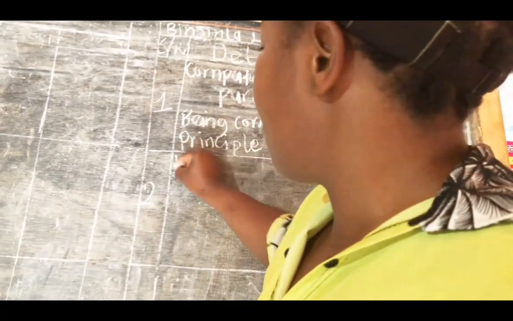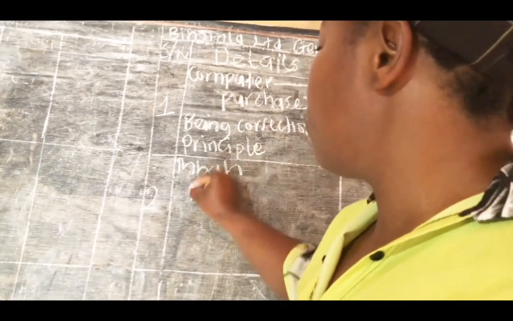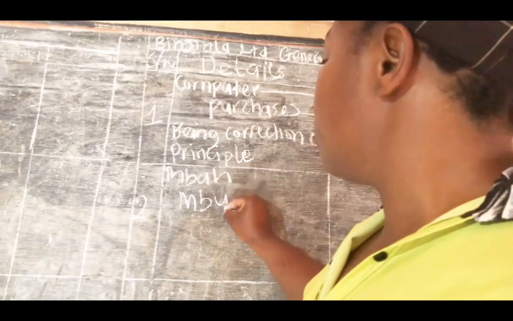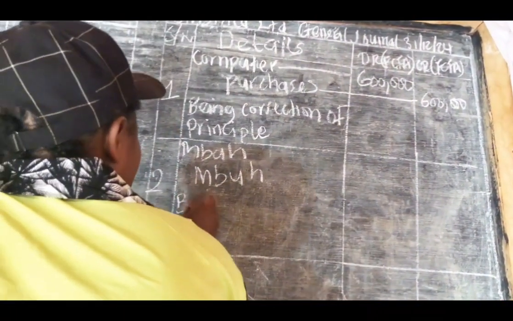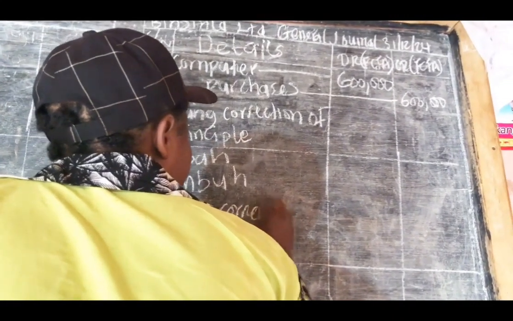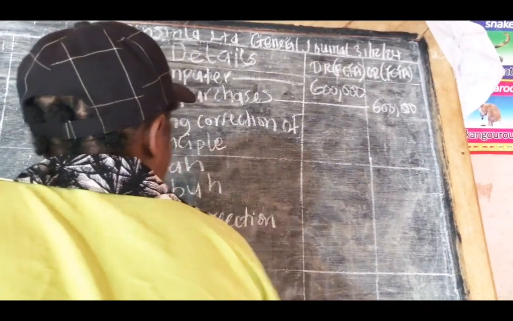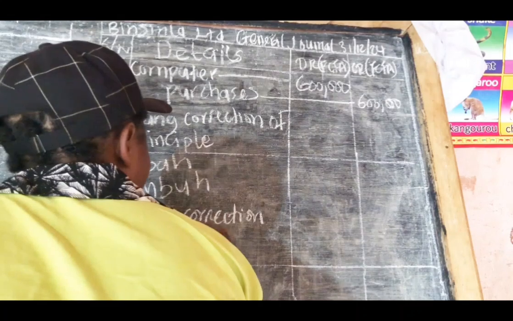We have here MBA and we have Mbu being correction of error of commission.